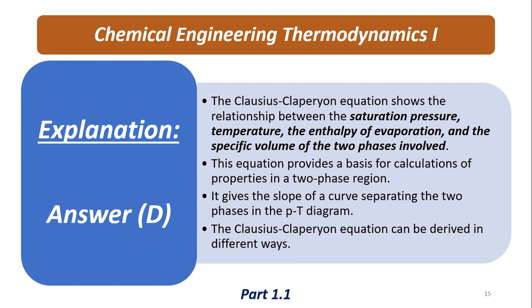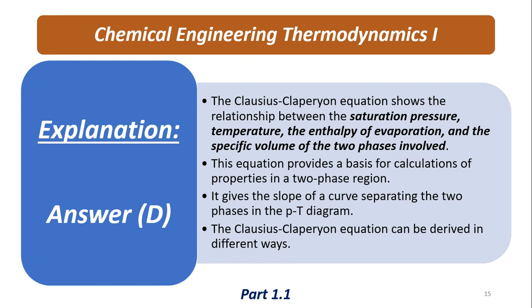The specific volume for the two phases means either for the vapor and liquid, or for the solid. This equation provides a basis for calculations of properties in the two-phase region.